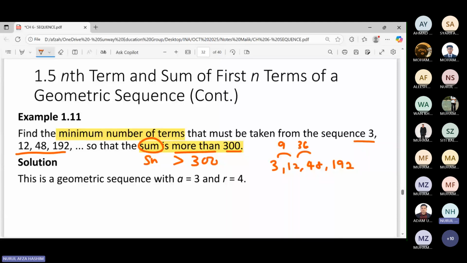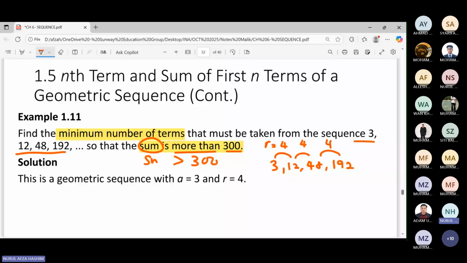So it cannot be arithmetic because the difference is not the same. Okay, so let's say we are using geometric. 12 divided by 3, you get 4. 48 divided by 12, you get 4. 192 divided by 48, you also get 4. So this is the ratio because you divided. So you are using the geometric formula.